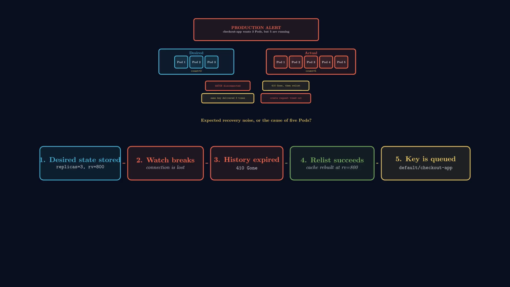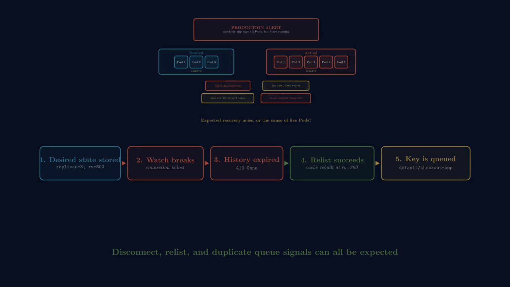After the cache was ready, the event handler added checkout app to the work queue again. The same key may appear more than once during this kind of recovery, and that by itself does not mean something has gone wrong. The evidence now helps us narrow down the problem.